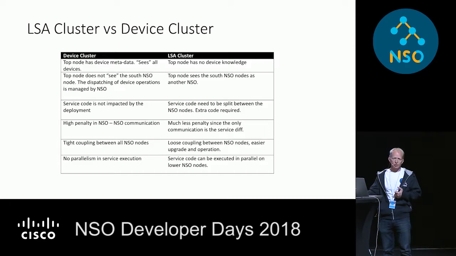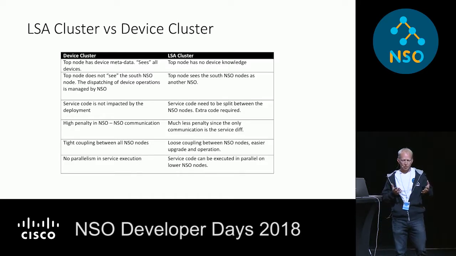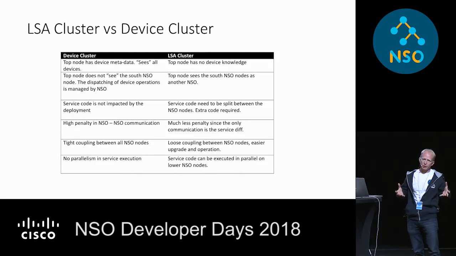You have a much easier upgrade scenario. When you have a device cluster, you have to more or less upgrade everything at the same time. Whereas with an LSA cluster, what is exposed by the lower layer are only the service models, so the actual devices and the service logic residing on the lower node are not exposed to the northbound.